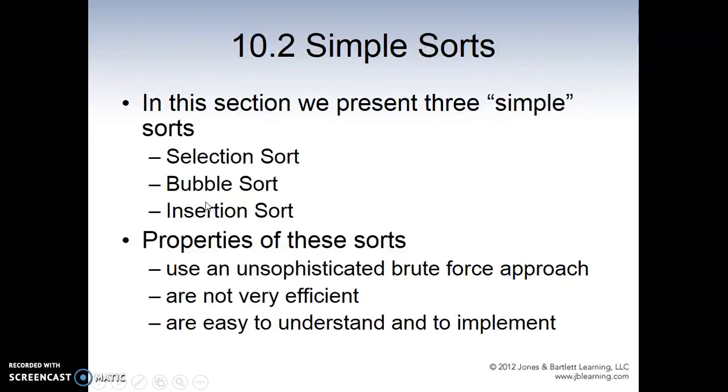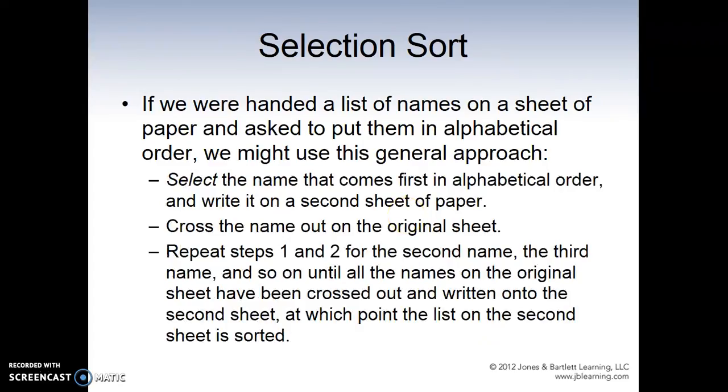Now let's look at the simple sorts: selection sort, bubble sort, insertion sort. So those are the simple sorts. Selection sort is like you select the name that comes first.